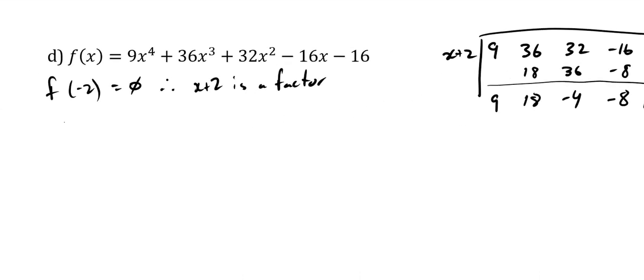All right, therefore, f of x equals x plus 2 times 9x cubed. Again, as I'm doing this, I'm checking some of this work. Like 9x cubed times x is 9x to the 4th. I don't think you would have a mistake there if you're doing everything else right, but it's also a nice reminder that factoring is the opposite of expanding, and we can always expand back to check.